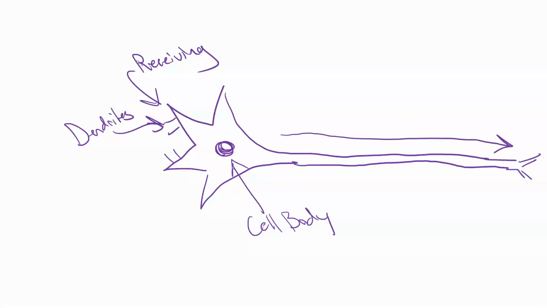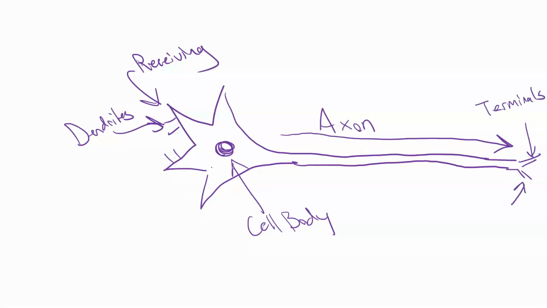In the interneurons of your brain, it can be only a couple hundred microns long, or if it's a neuron running along a nerve that goes all the way down to a muscle in your toe, it could be a meter long. So it varies greatly, but that long projection is essentially the wire that a signal will travel through, and that's called the axon. And then at the very end of the line are these little extensions, which are called the terminals.